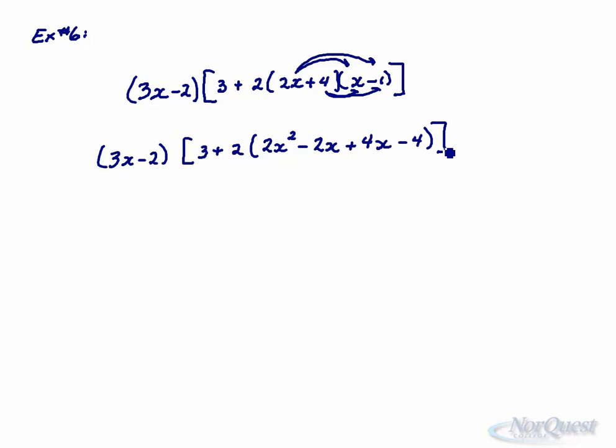Now some people like to collect at this stage and then multiply. That's one of the things I like to do. I always like to simplify as I go if I can. So I'm just going to write the simplified version.